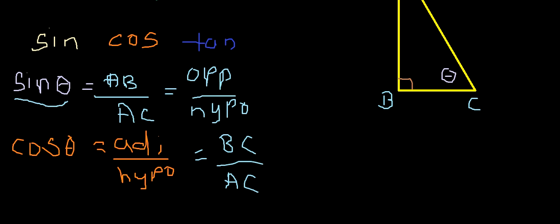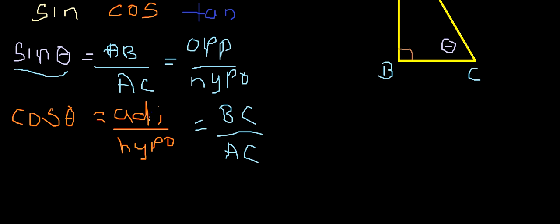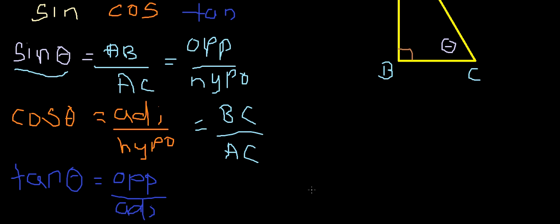The ratio of tan theta is opposite upon adjacent, with ADJ again standing for adjacent.